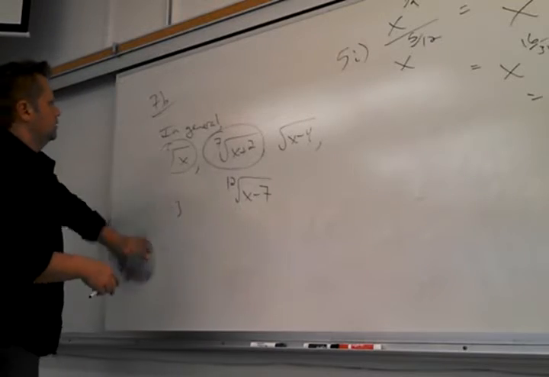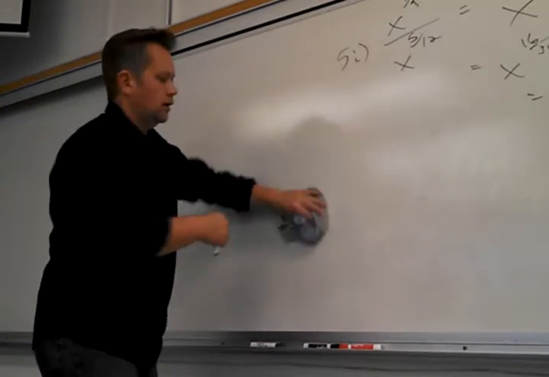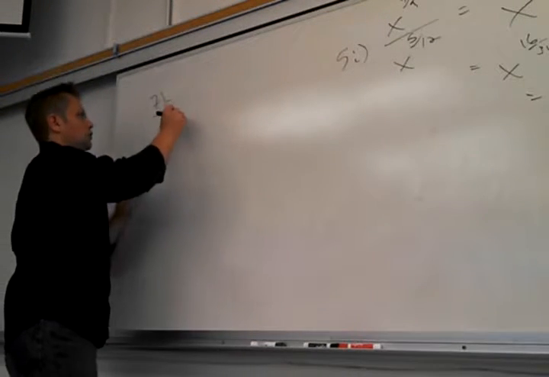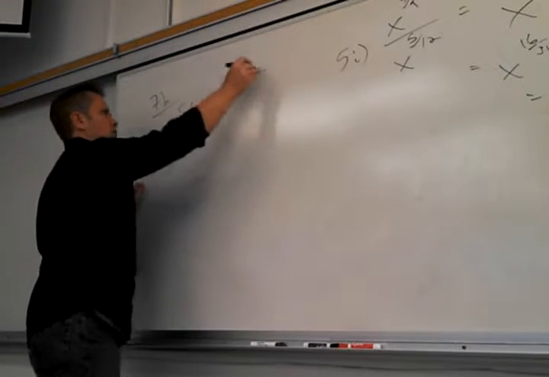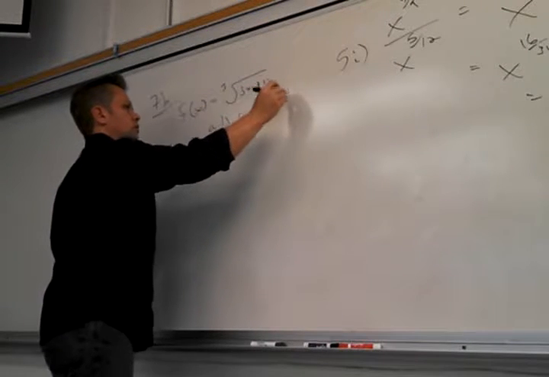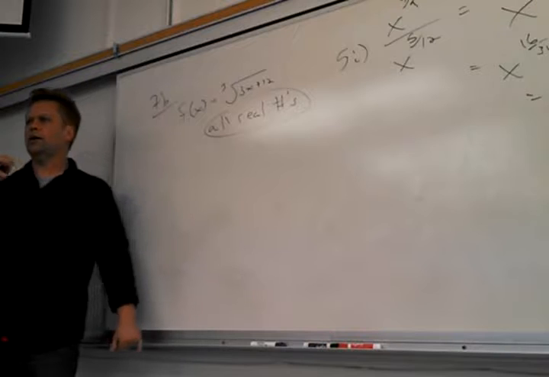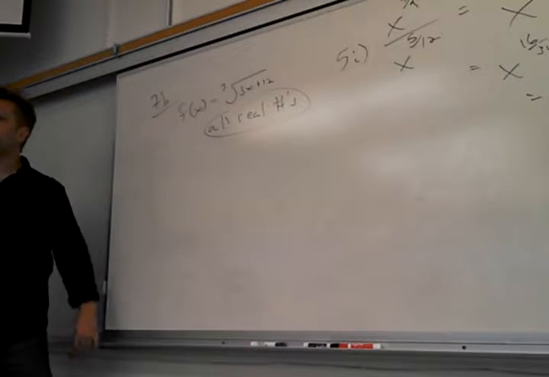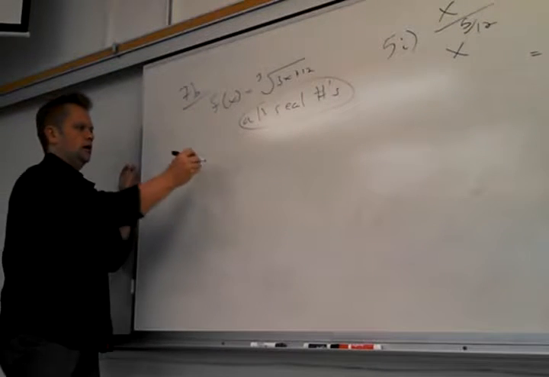So with that in mind, 7b has what kind of root? Odd root. So what is great about that? All real numbers. And just to make this clear, I'm not going to do this because it would be slightly evil, but I have to tell you this.